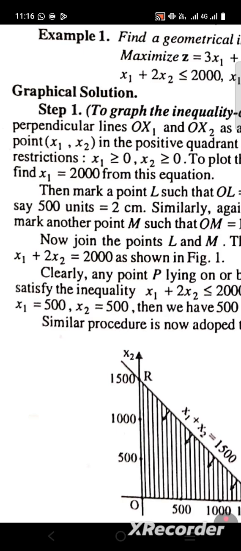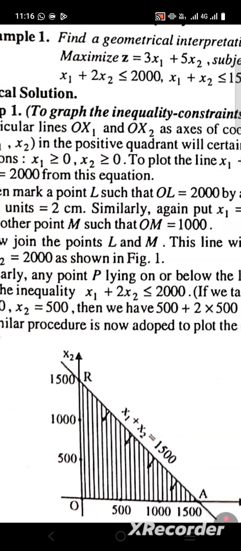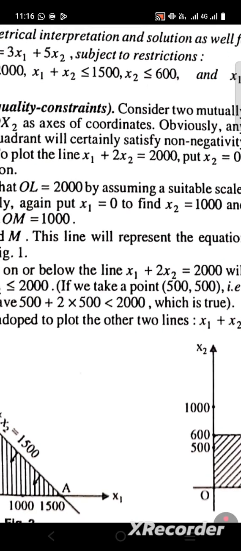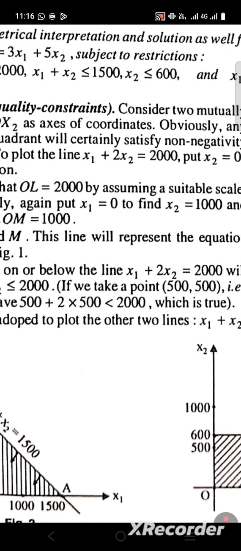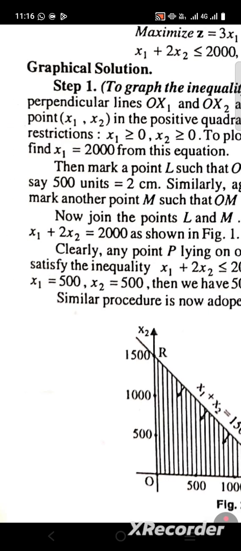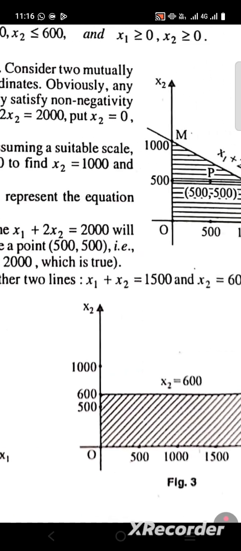Here we have considered the scale 500 units equal to 2 centimeters. Similarly, put x1 equal to 0 in this equation, that is 2x2 equal to 2000, so x2 equals 1000, and we mark another point M such that OM equals 1000.